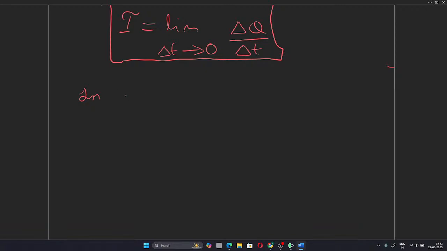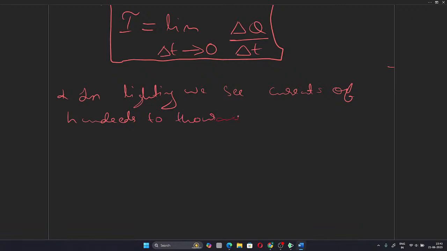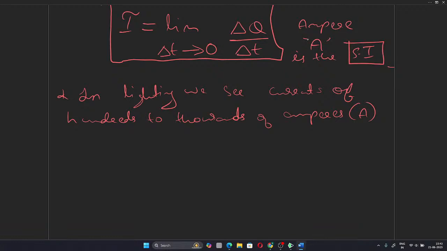In lightning, we see currents of hundreds to thousands of amperes, where the ampere, denoted by A, is the SI unit of current. In lightning, we see currents of hundreds of thousands of amperes.